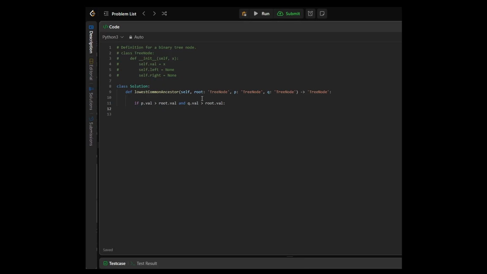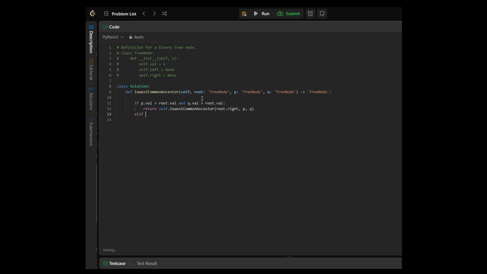Since I know that the ancestor would be somewhere in the right side, I can return from here and I can call the lowest common ancestor recursively for the right subtree. Something like this.